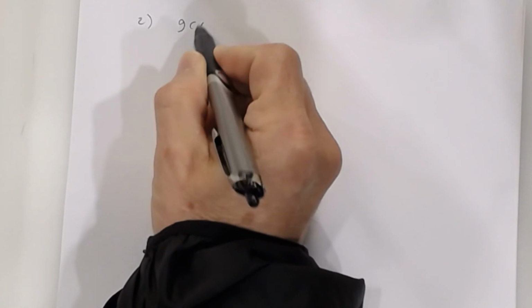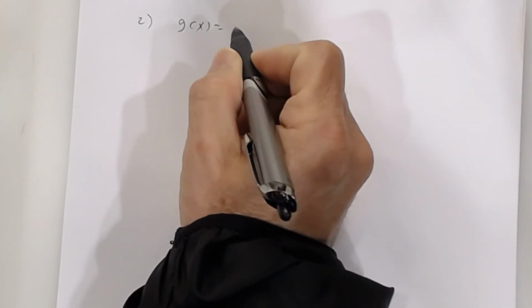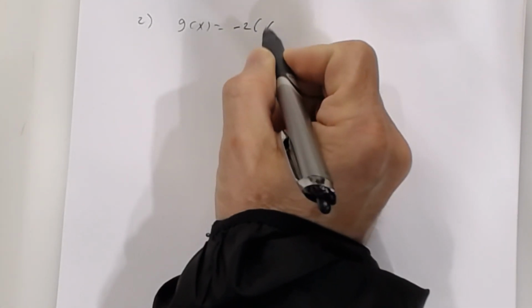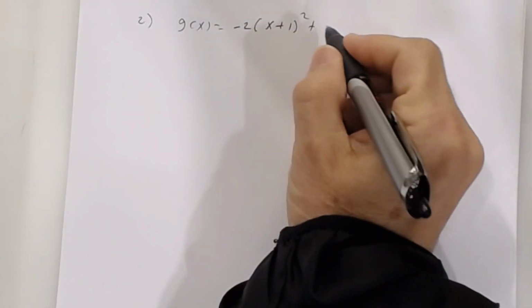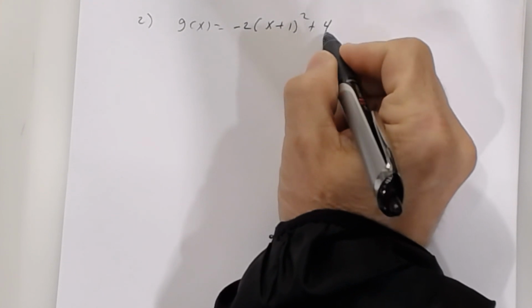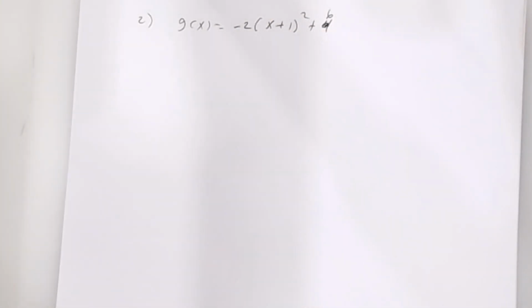Suppose that g of x equals negative 2 times (x plus 1) squared plus 4. Actually, since I'm doing that one, let's do plus 6. You need your calculator with this at some point, though. Make sure you take your calculator out.